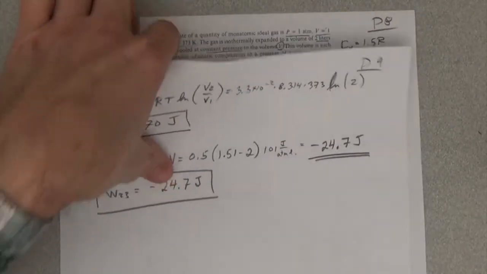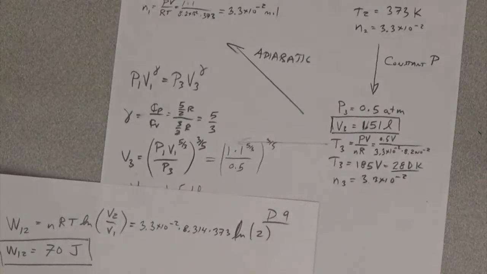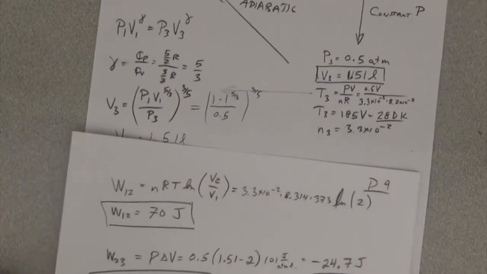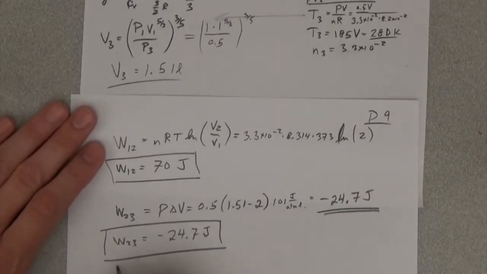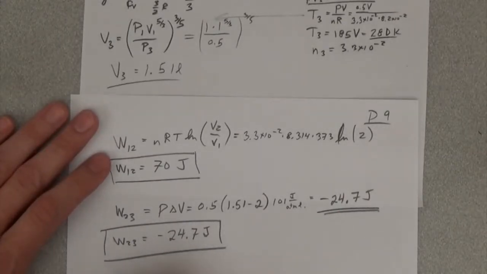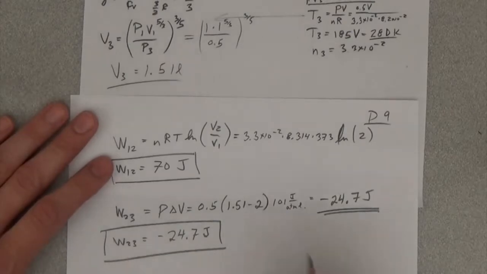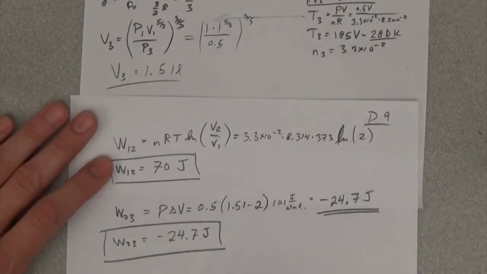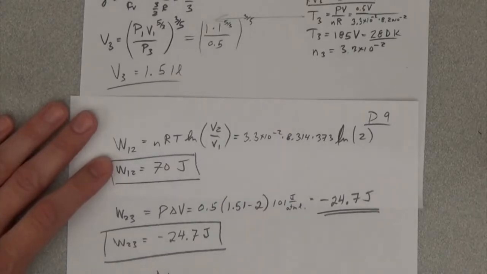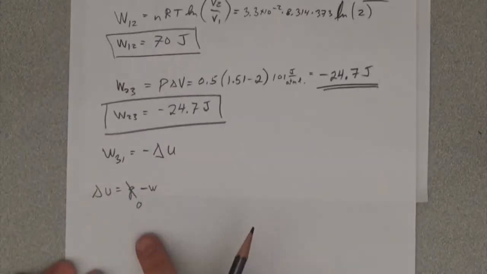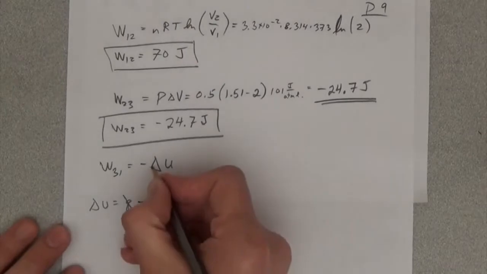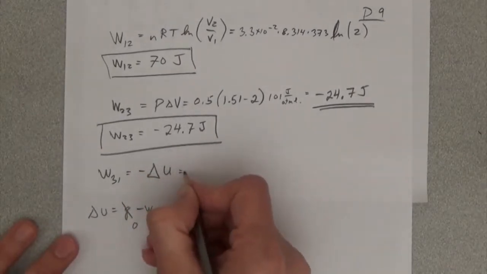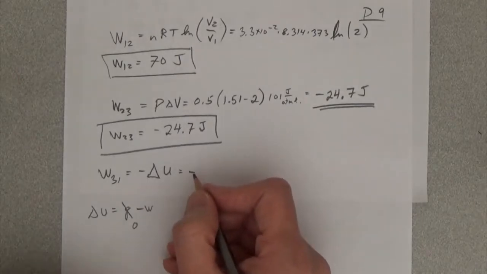And then the next transition is adiabatic. In this adiabatic transition, W31 is equal to minus the change in internal energy, U, because remember delta U is equal to Q minus W. Q by definition is 0, so we get delta U, and that can be written in terms of the heat capacity.